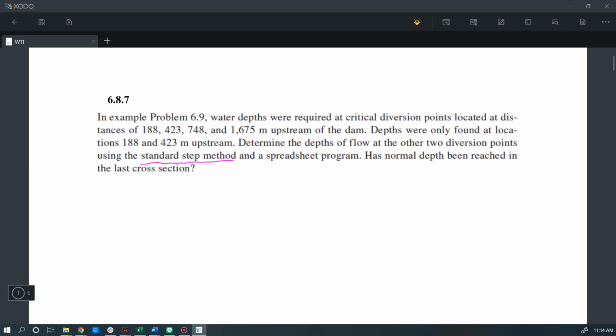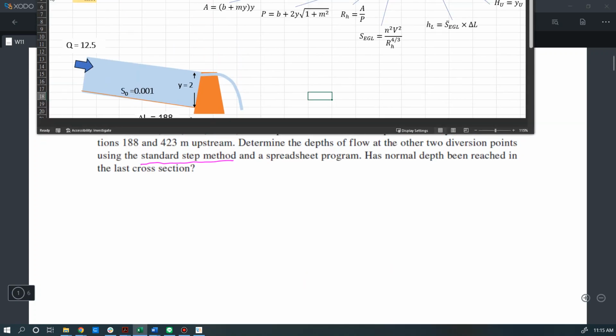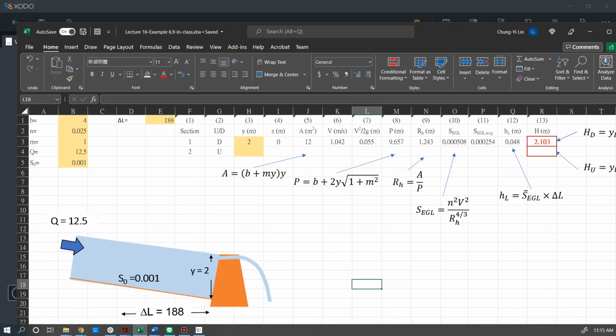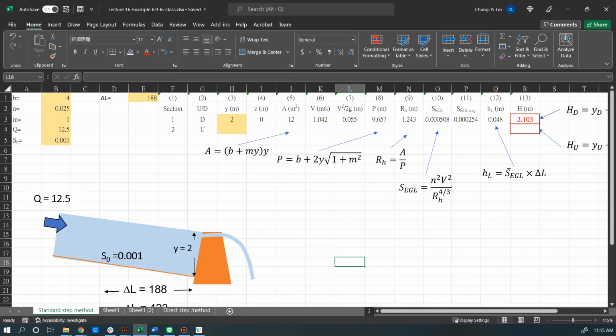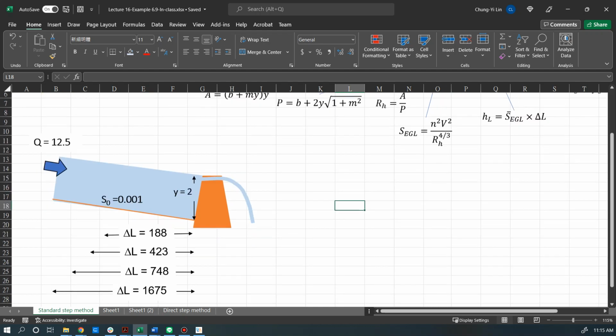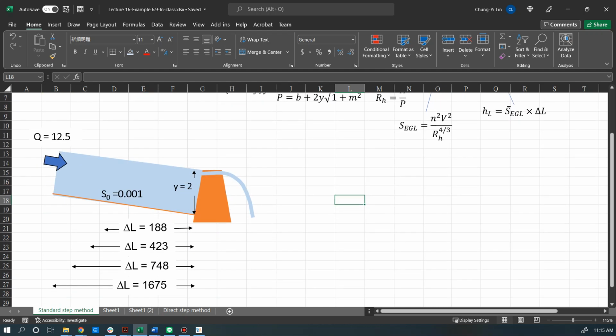I think Ethan demonstrated this problem in class using Excel, so I will use the same Excel sheet to explain how we can solve this. This is an Excel sheet that you can download from the course site. Open it and you can see the diagram of this problem.